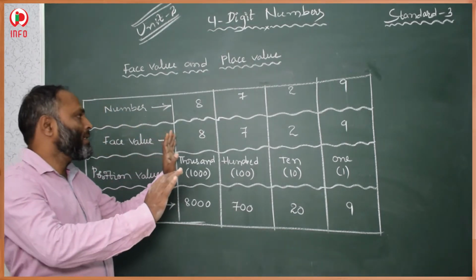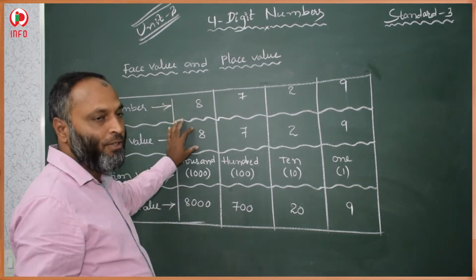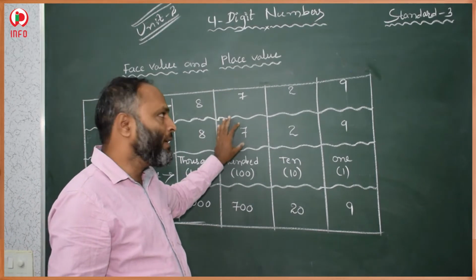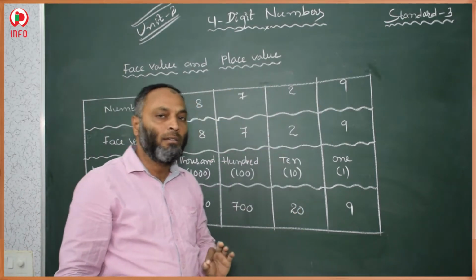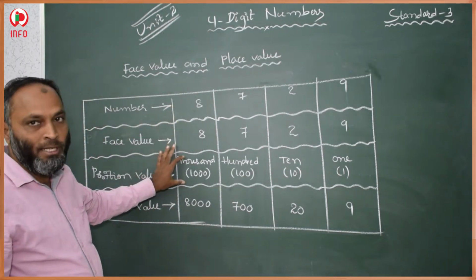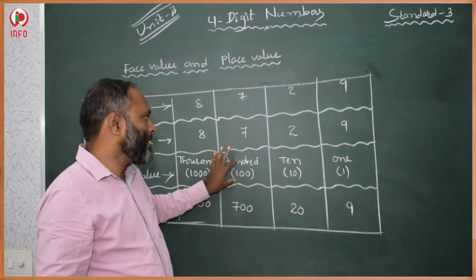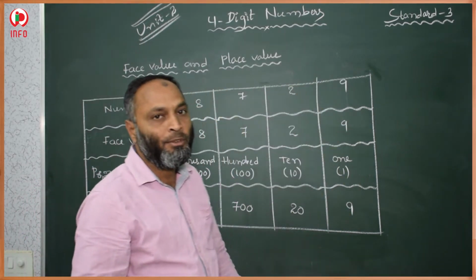Whatever number is given, first the face value: 8 is 8 only, 7 is 7 only, 2 is 2 only, and 9 is 9 only. Then position: 8 is in thousand position, 7 in hundred position, 2 in ten position, and 9 in one position.